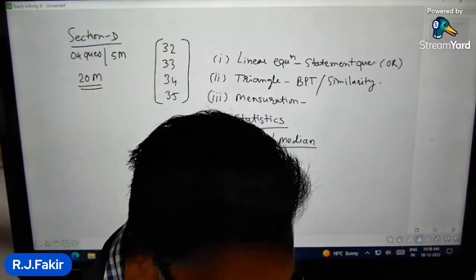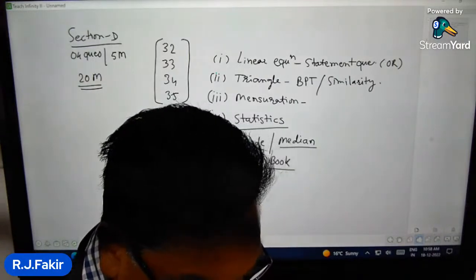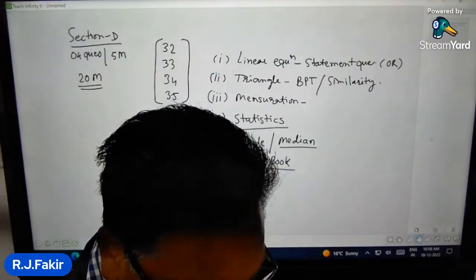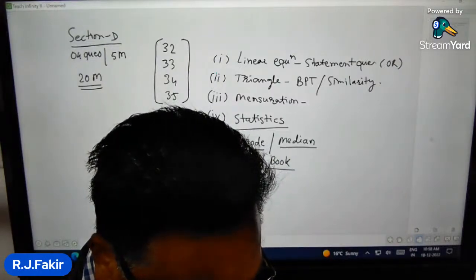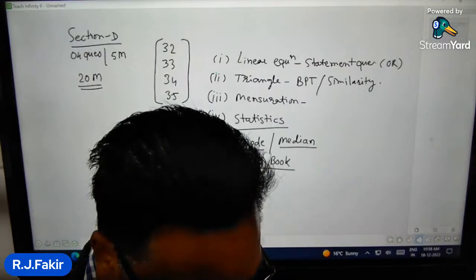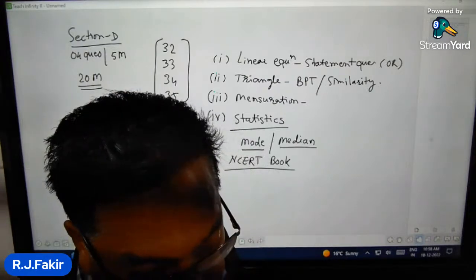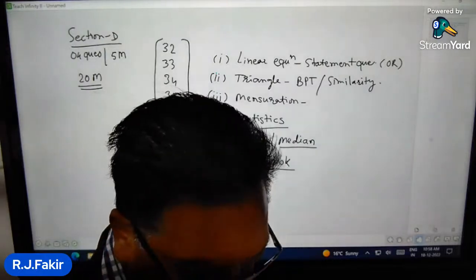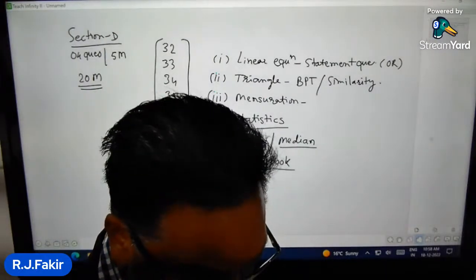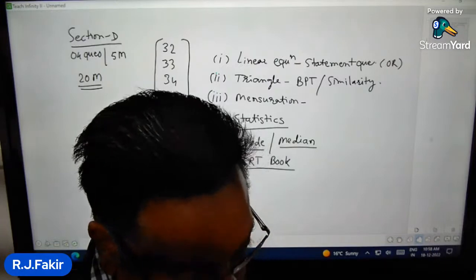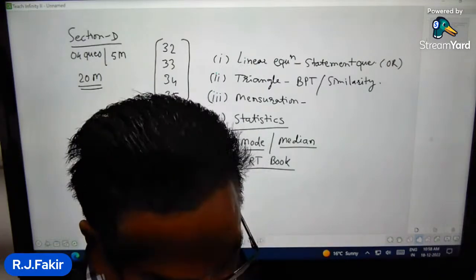For example, median, you have this formula L plus bracket capital N by 2 minus CF upon f bracket complete into h. So you just remember this one. And for mode also, you remember the formula which is given in the NCERT book.